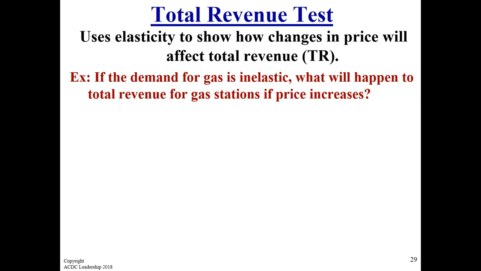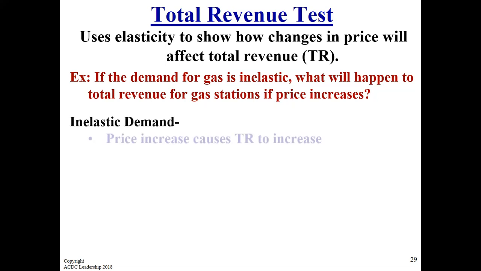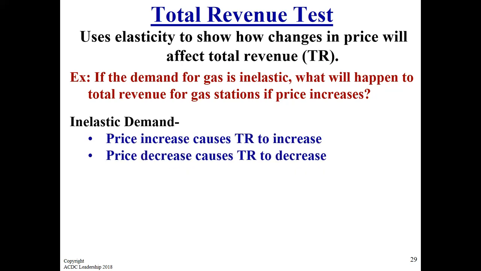Okay, so if the price goes up 10%, quantity demanded might go down, but it might only go down 2 or 3%. So you're having a higher price with almost the same quantity demanded, so total revenue will go up. So part of seeing if something is elastic or inelastic is what we call the total revenue test. Inelastic: price increases, total revenue increases.